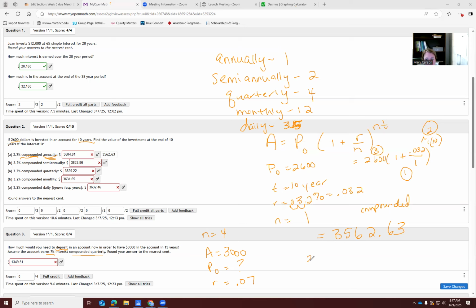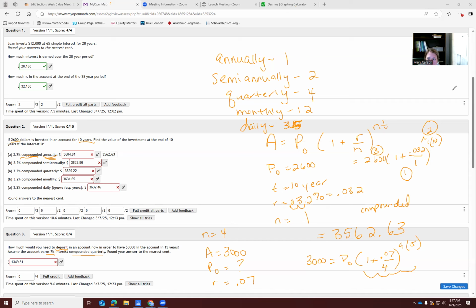So let's figure out how we're going to do this. We're going to set this up: 3,000 equals P naught times (1 plus 0.07 over 4) raised to the 4 times 15. So this is how we're going to set this up. You're going to have to do this part first, figure out this number, and then go from there, okay?